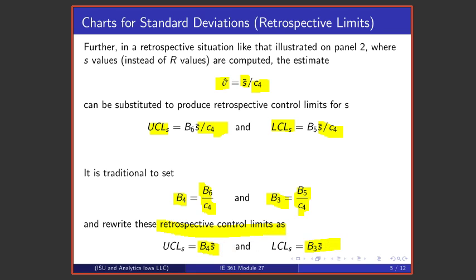Again, these formulas are collected at the end of Chapter 3 of Vardaman and Job in a table with other formulas for control chart limits.